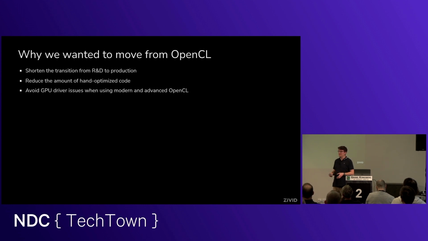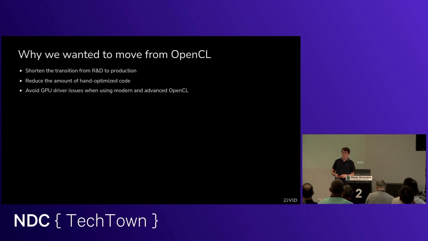One of the main reasons was that we saw a pretty big gap between the R&D work that was being done in MATLAB and Python, and then the production work that was done by other people in OpenCL. So we would always have this R&D work that needed a translation phase over into OpenCL. We wanted to shorten that down somehow, if possible.